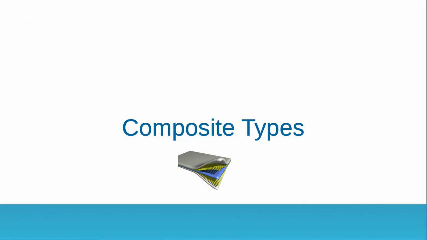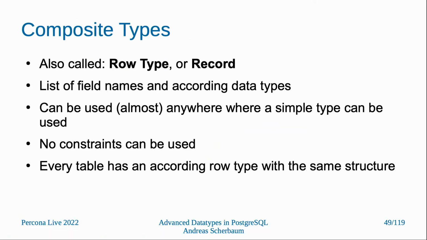Let's move on. So we have composite types in Postgres. It's called a row type or a record. Every table you have in Postgres has a record type in a database. And the record type looks exactly like the table with all the columns we have.